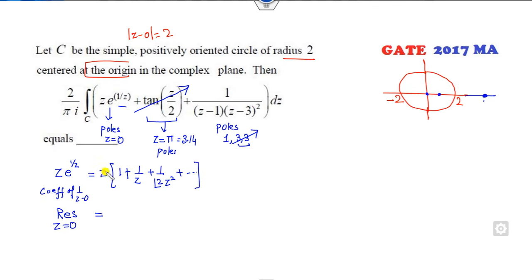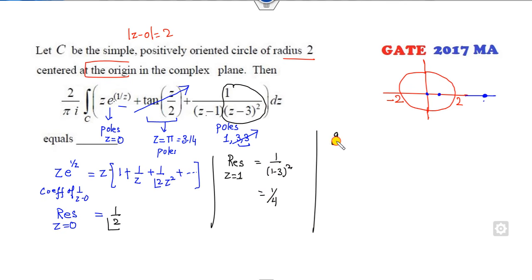Can you find the coefficient of 1 over z? So it is my 1 over 2 factorial. Fine. In this case, what is the residue at z is equal to 1? Because z is 1 here, I can substitute the value in this case. So 1 minus 3 square, 1 over 4.